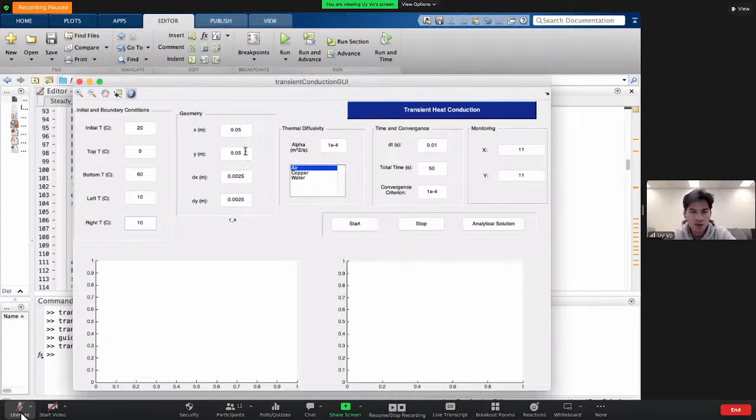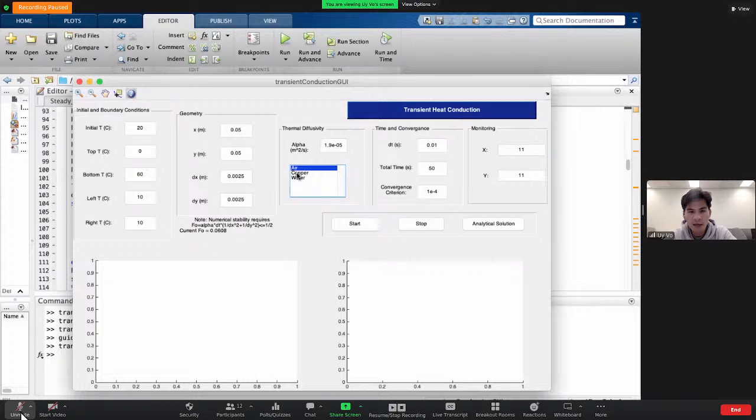So for the geometry, we will have a small plate of material at 5 centimeters, and we will divide the material into 21 nodes for each dimension, and the thermal diffusivity for the calculation. Here we have 3 types of material: air, copper, or water.